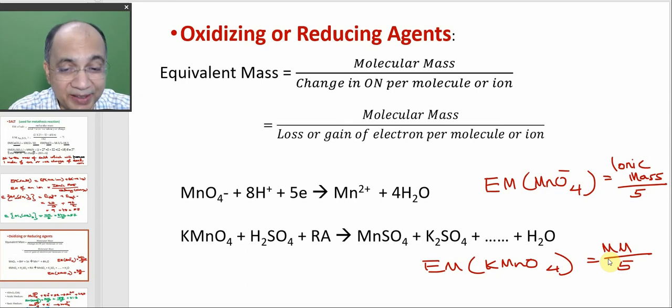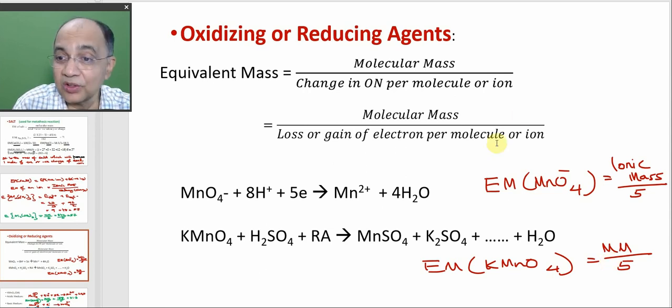Now, here we enter into the most fascinating part of the equivalent concept. The same principle will be applicable here as we did for the elements: the number of electrons gained or lost per molecule or per ion, or the change in oxidation number per molecule or per ion.